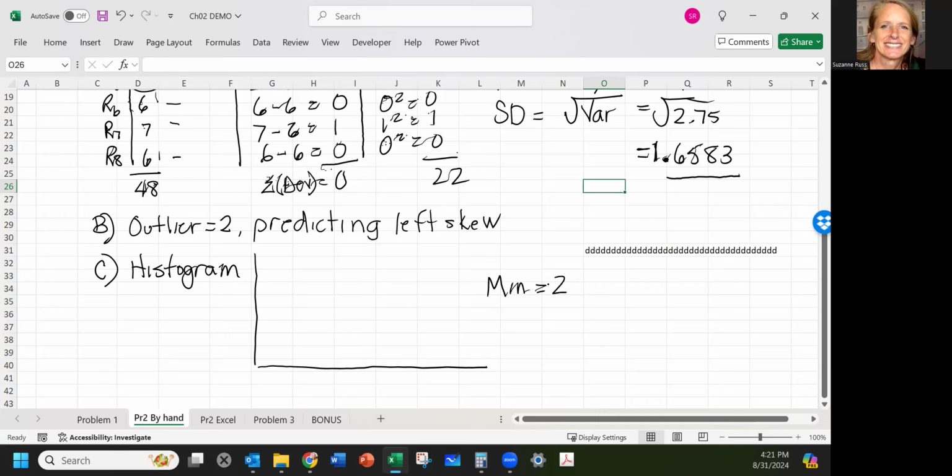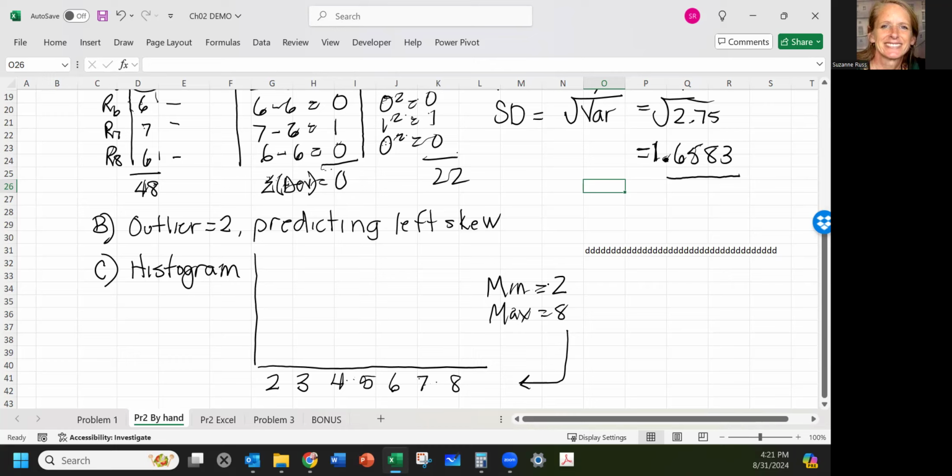The smallest number is 2. The maximum equals 8. And I need these because these are going to go down here to create the values for the histogram. And I have to include every single number, even if there were no scores that fell along that particular number. So here are all of those numbers.